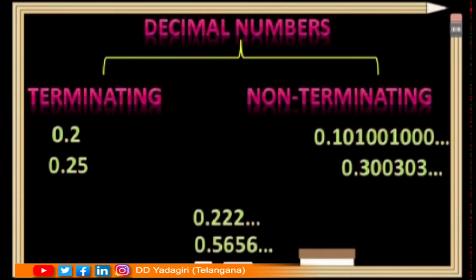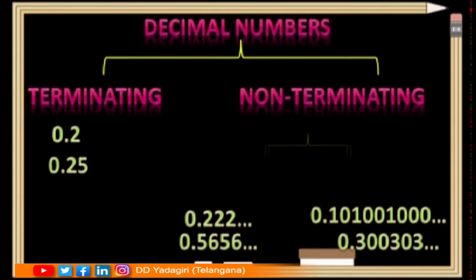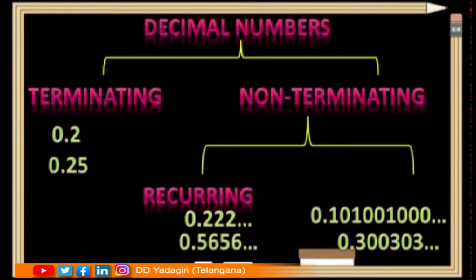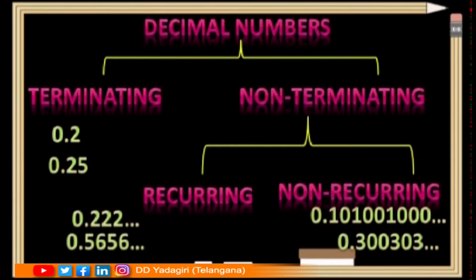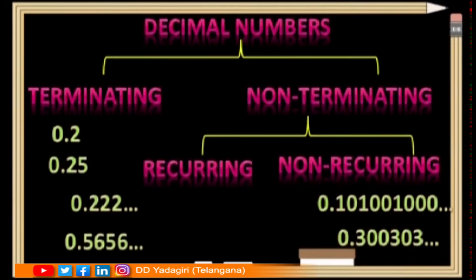We can again divide it like this. The first two, 0.222 and 0.5656, are called non-terminating recurring decimals and the next two are non-terminating non-recurring decimals. 0.222 can be represented as 0.2 bar and 0.565656 can be represented as 0.56 bar.